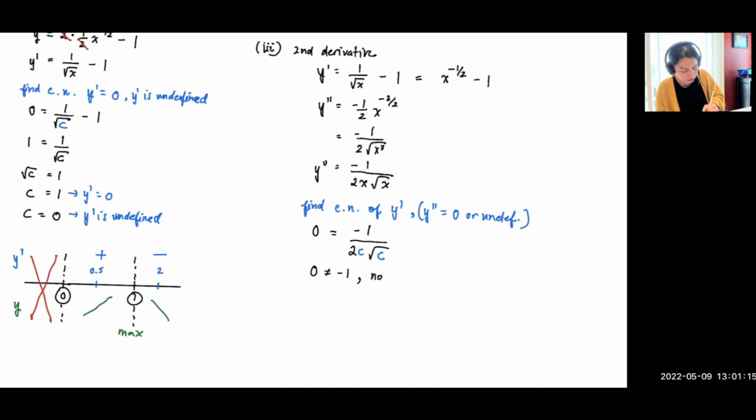So this implies there are no values of C, no critical numbers such that y double prime is equal to 0. But we can see where it's undefined. Once again, it's undefined at 0. So we do know that there is a critical number C equal to 0 where y double prime is undefined.